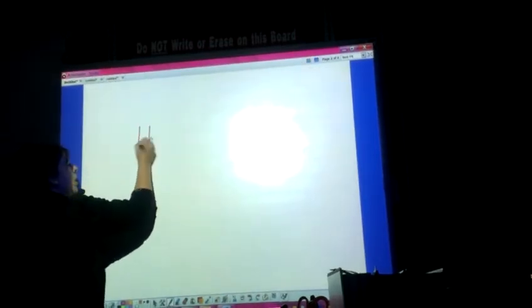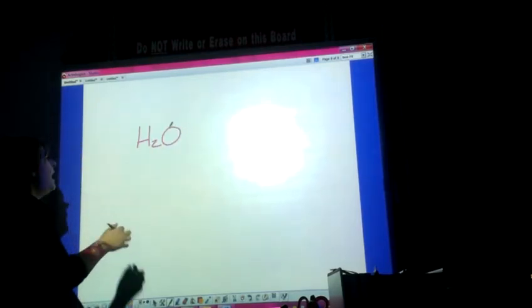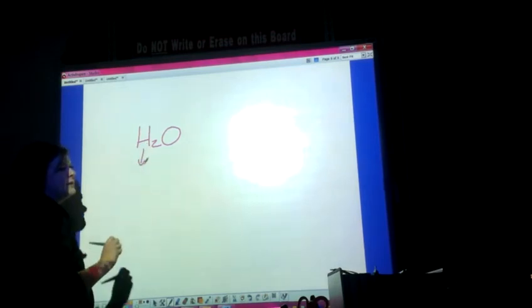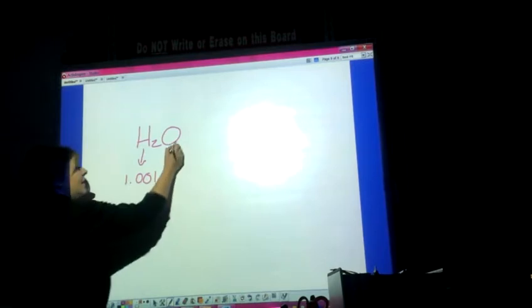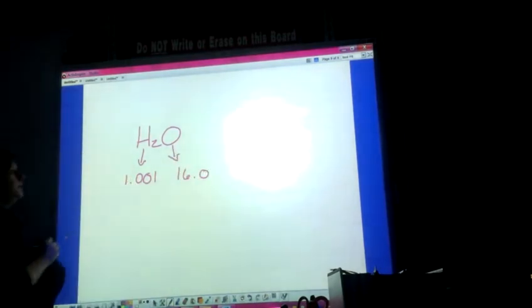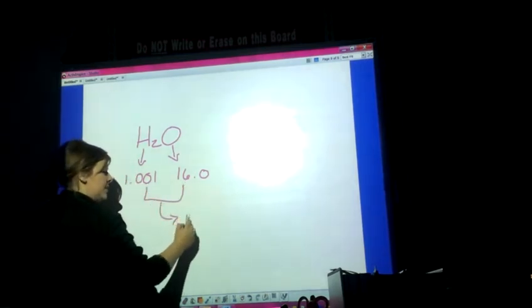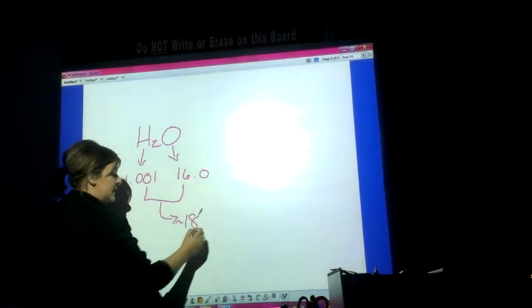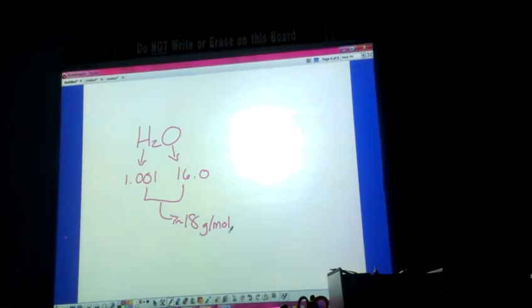If I know H2O, and I know that water will always have the same molar mass, I know that hydrogen has an atomic mass of 1.001, and oxygen has a molar mass of 16. I know then that the mass of water is approximately 18 grams per mole, or I could say 18 atomic mass units, AMUs.